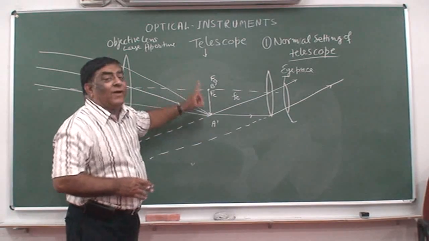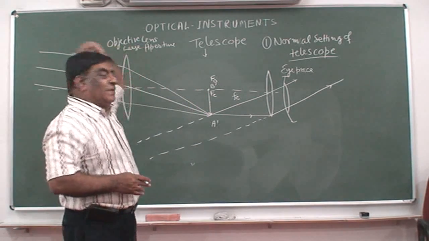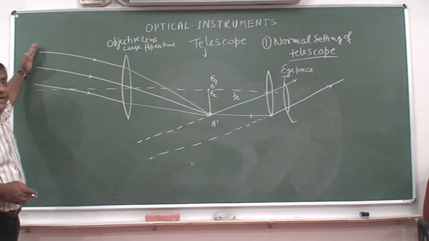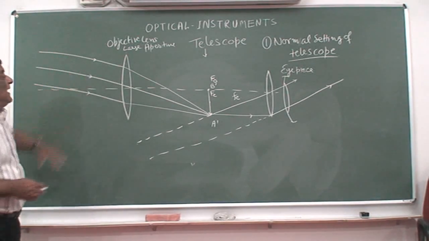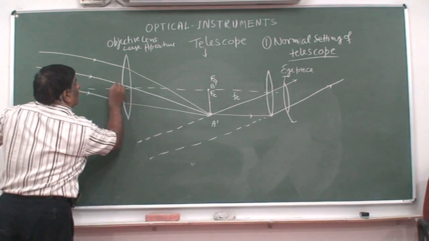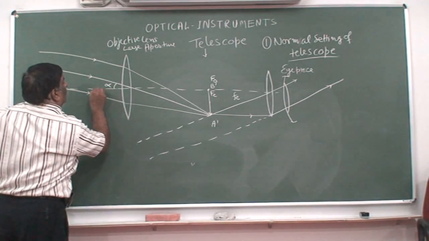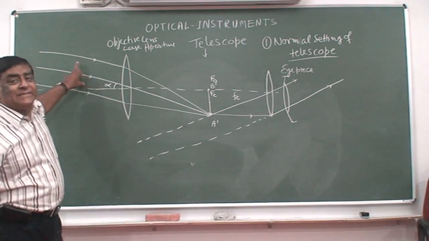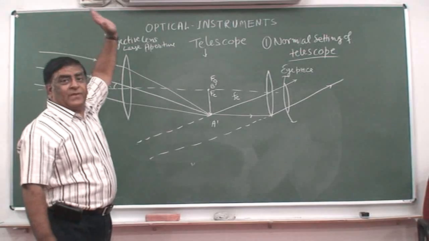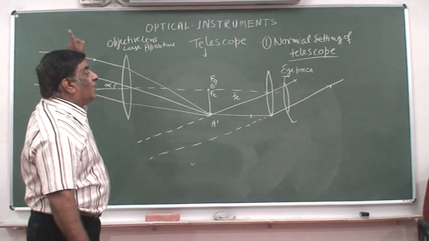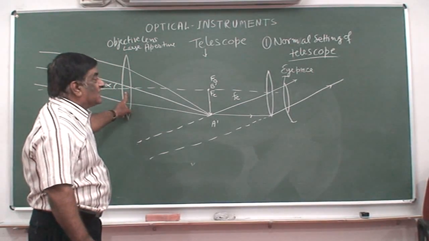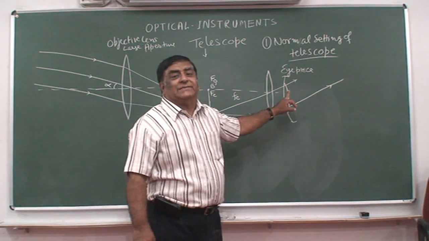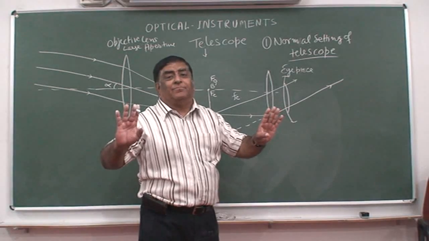Now we will use that angular magnification formula here and see, this is the image, this is the object. The object is making an angle here. Let us say this angle is alpha. If this angle is alpha, where is the object? The object is far away. It is so far away that for that object the distance of this lens and the distance of the eyes is almost the same.